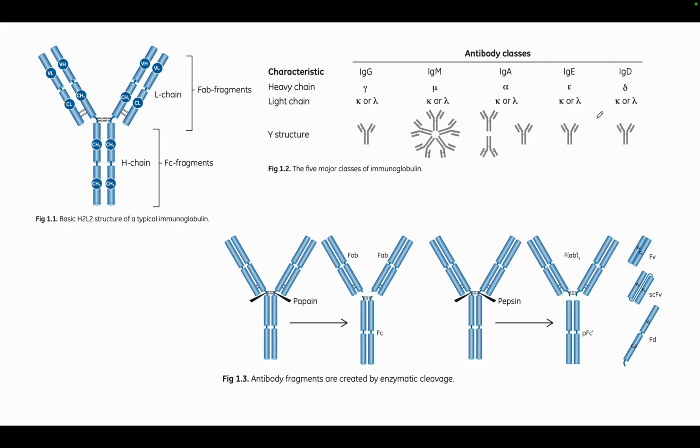These are all monomeric except for IgM, which is pentameric, and IgA, which can sometimes form a dimeric structure. But you also have to remember that the paratope, the part which binds our antigen, is only within this region of the antibody. So for the binding itself, there is no need to have this Fc region.